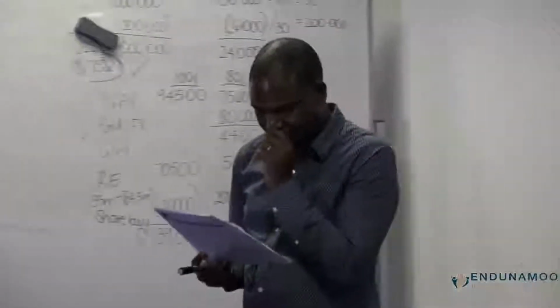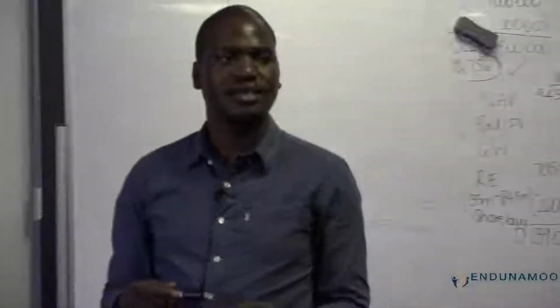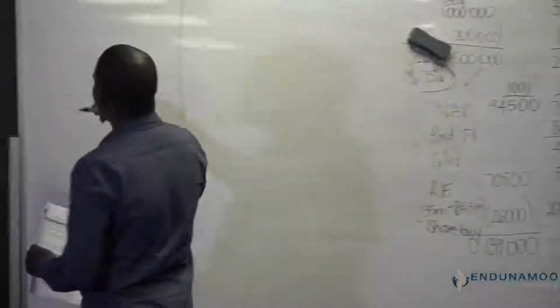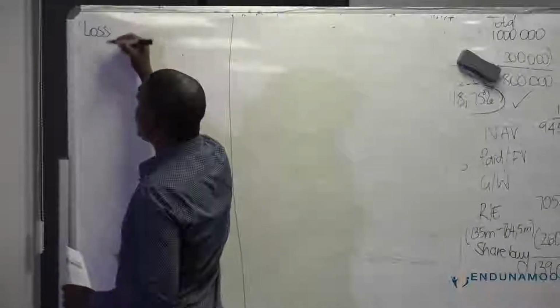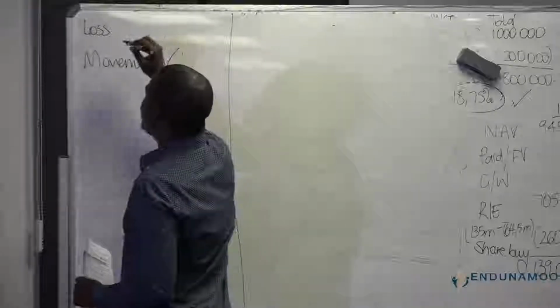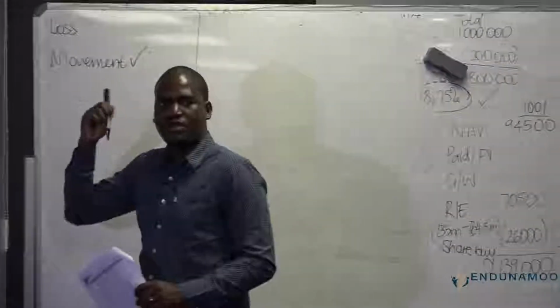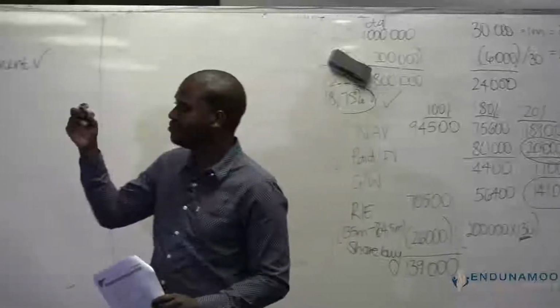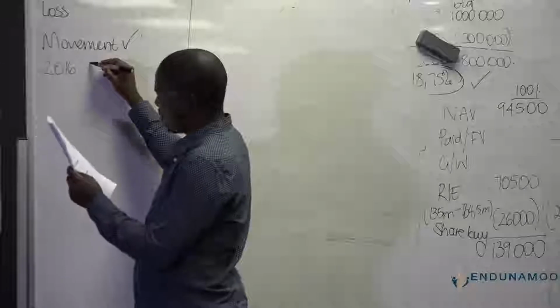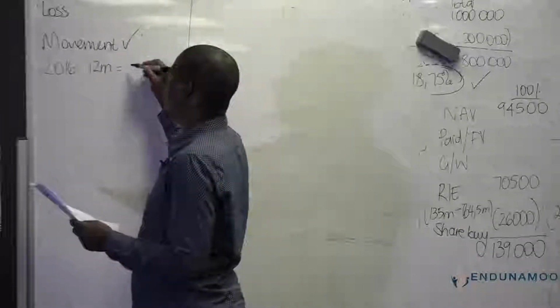So that's that. Number 2, do you agree with the loss allowance? No. Why not? It's the balance. So what did we want? To say to the examiner you want the movement, it's a mark. So the movement will be the movement between what and what? 2016, which is 85, being the 12-month, right?